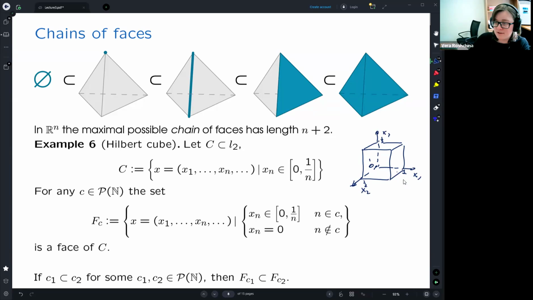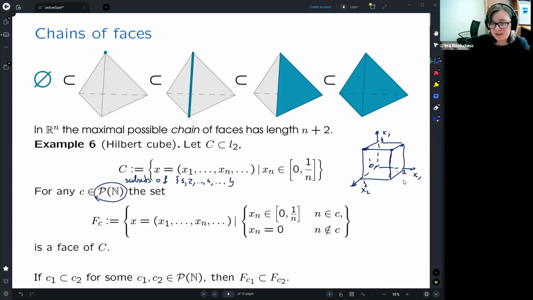Of course, if I was in finite dimensions, then faces are very simple things. I will again have vertices and edges and facets and things like this. But in this case, I can take any subset of natural numbers. This is just the power set of the natural numbers, subsets of 1, 2, and so on.